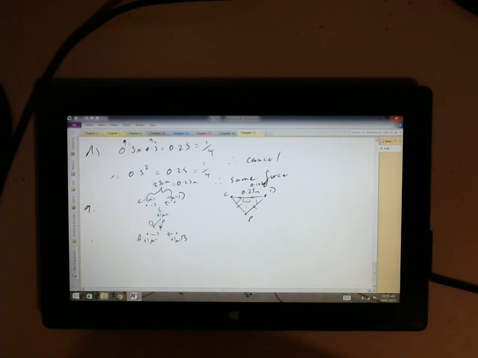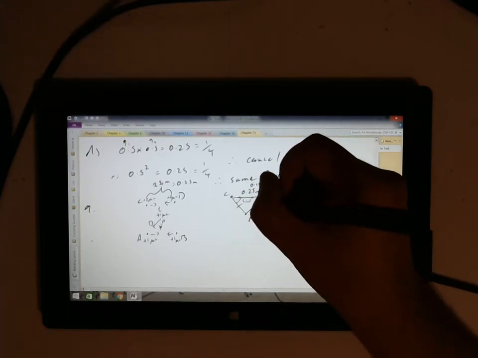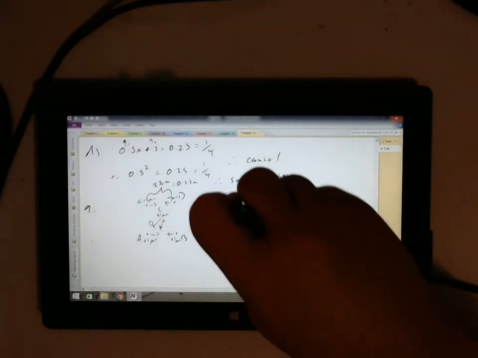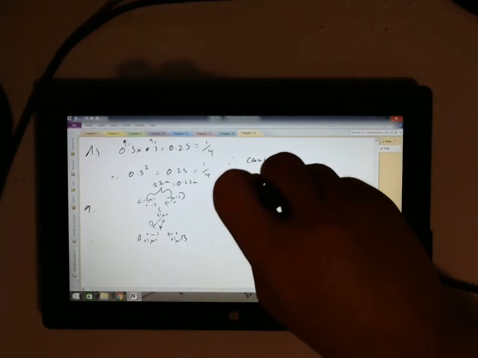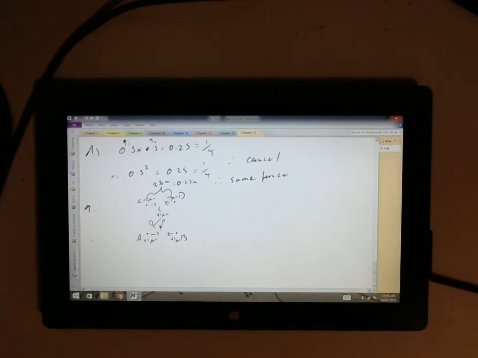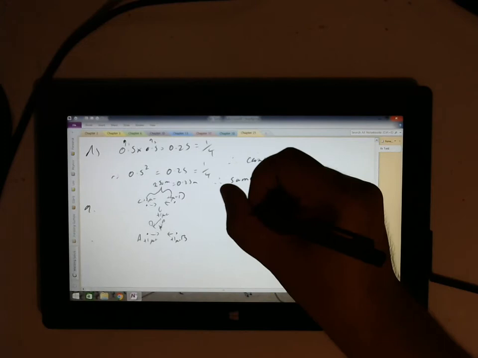From this, I'm going to need to work out the angles inside, which should be 45 degrees. Any sort of isosceles triangle rule.